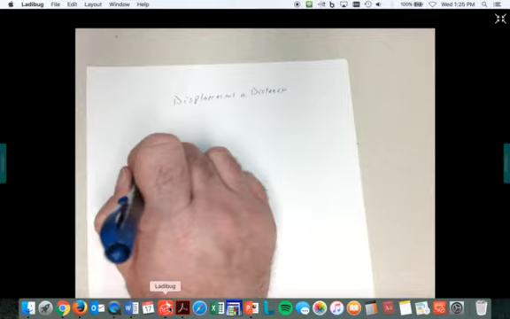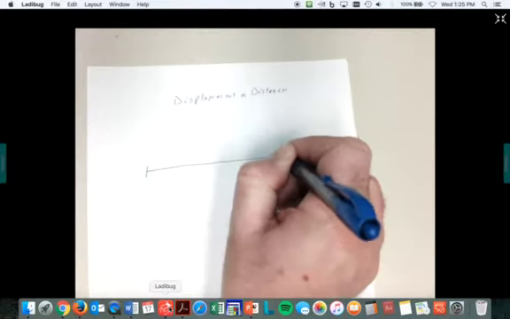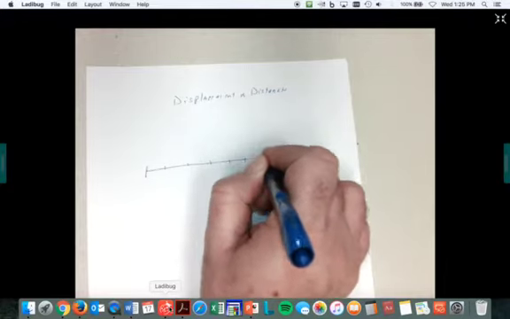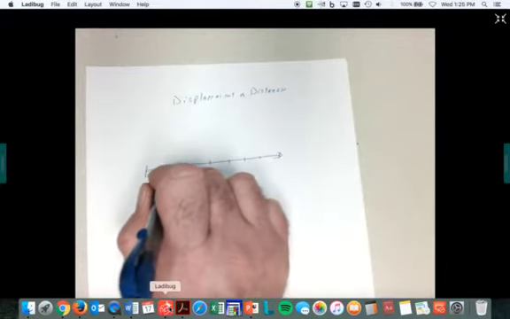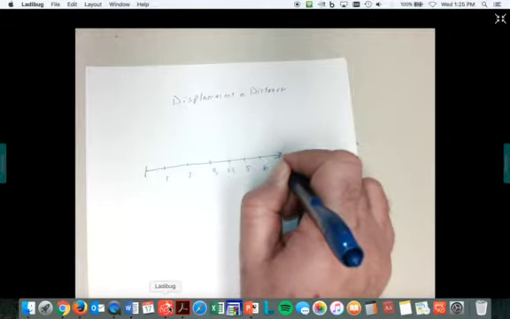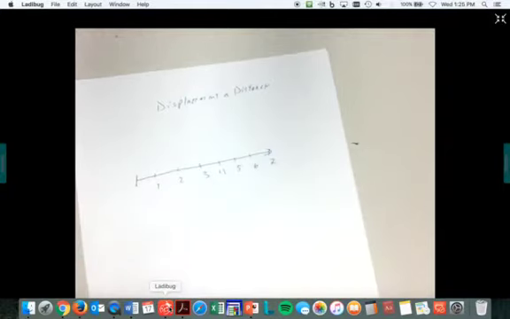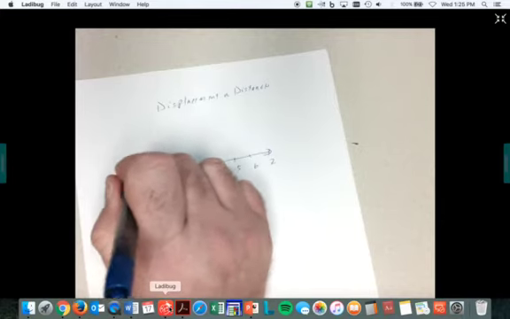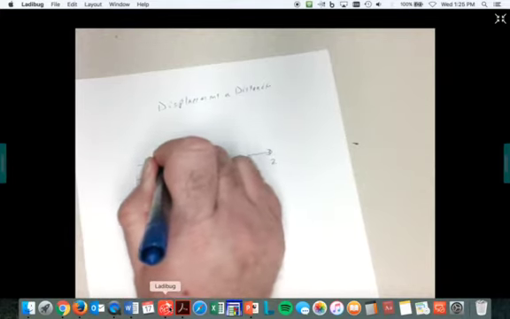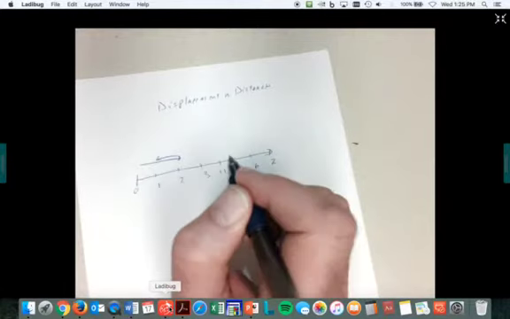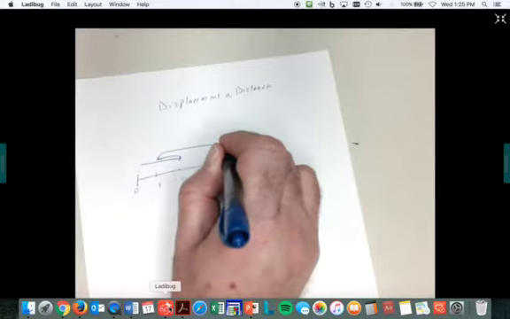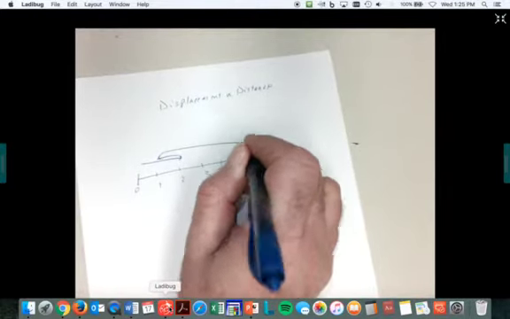Okay, so I'm going to go from here to here. This is 1, 2, 3, 4, 5, 6, 7 meters. I'm walking down a hallway. I start here at 0, and I go to here, and then I come back to here, and then I go to here to 6.